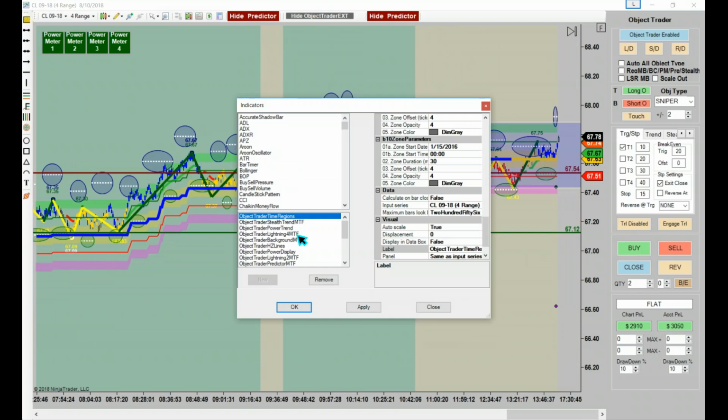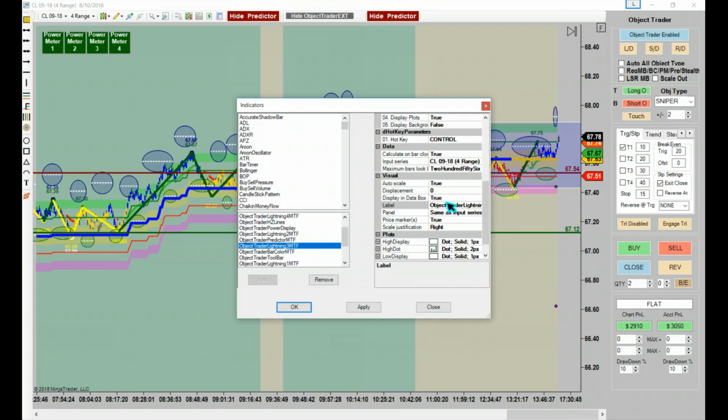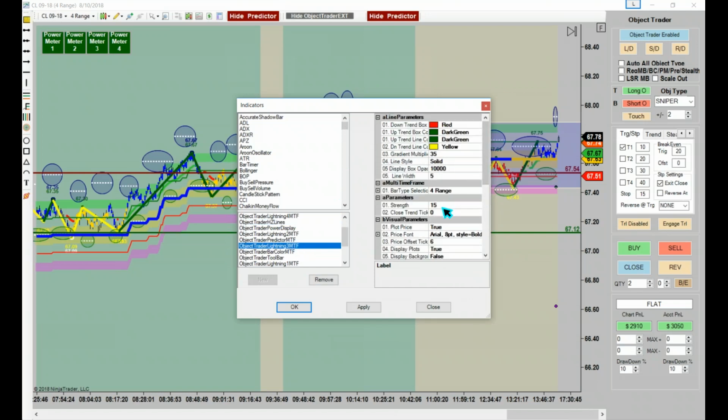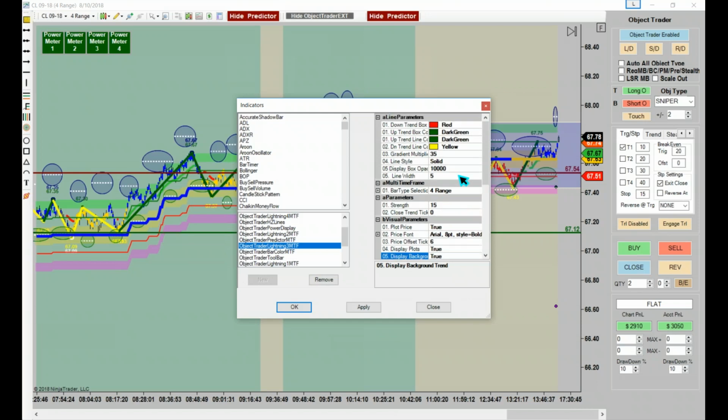We'll take out background MTF and we'll turn on Lightning 3's background. Where's it at? There it is. Display background true. And you probably want to do that only on about 10 or 12 or something like that on your multiplier, because otherwise it's going to be really dark.